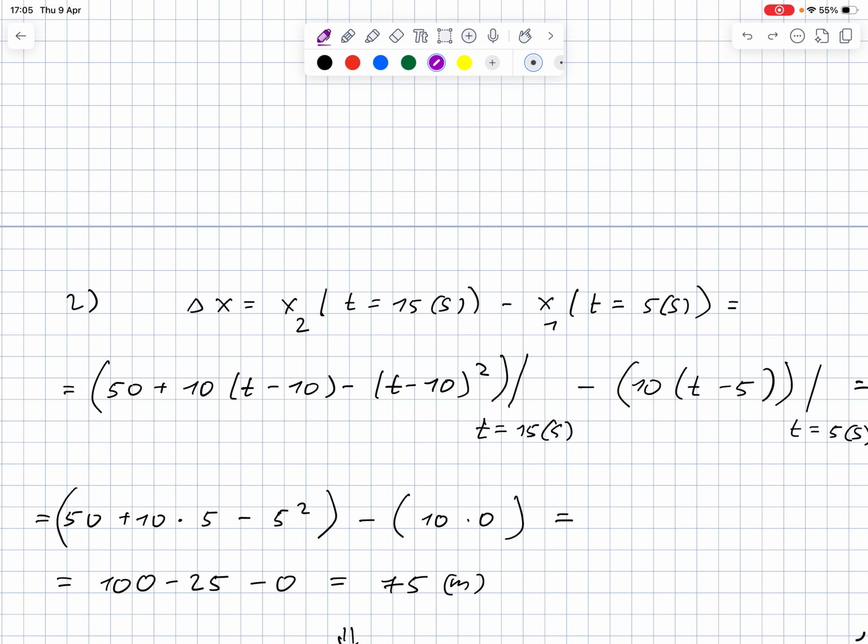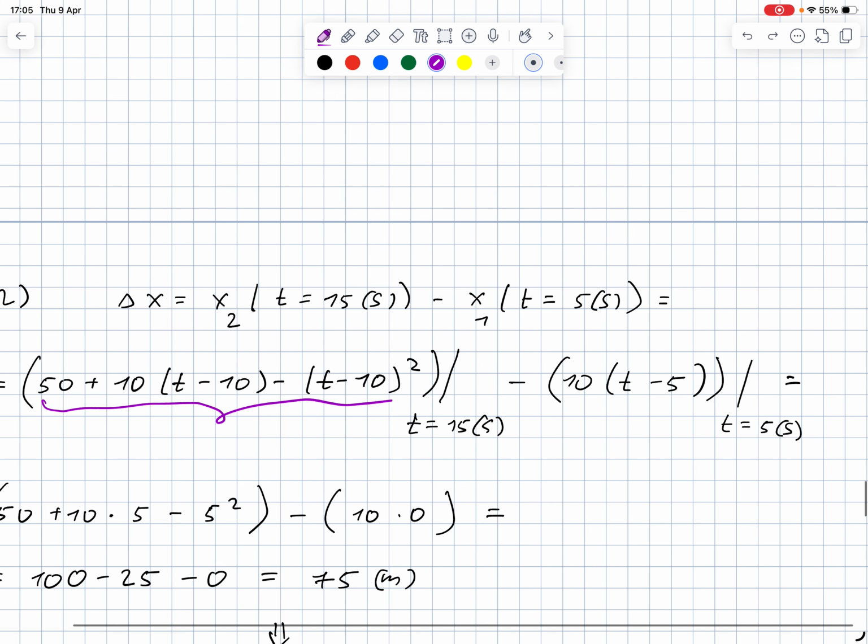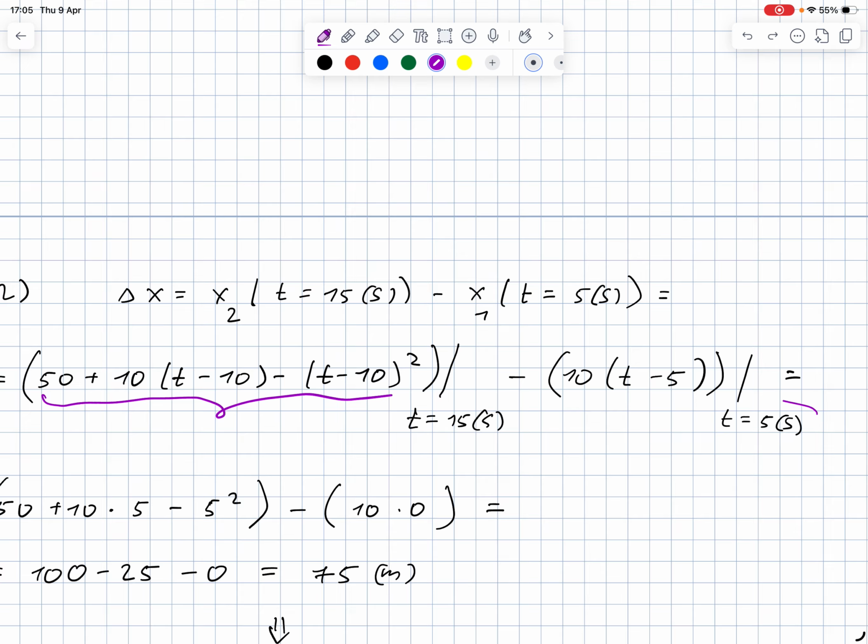So we are going to use this expression, and substitute t with 15 seconds. For the initial time and initial position, we are talking about 5 seconds, so we can use this expression.